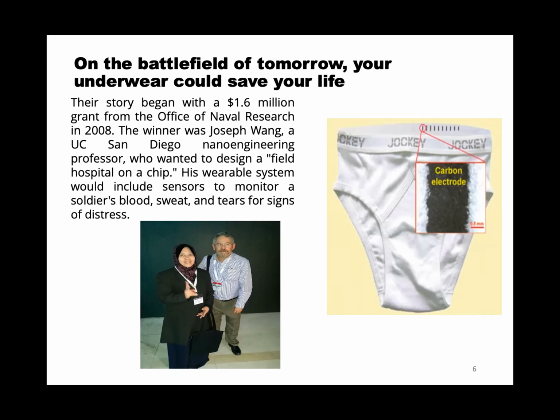So imagine that if the soldier is injured, then there are of course some indicators that can be released on the underwear. And of course, if we can have the electrode printed and all the electronic parts there, even the data can be transported remotely to the headquarters. So help can be sent straight away to those who are injured.